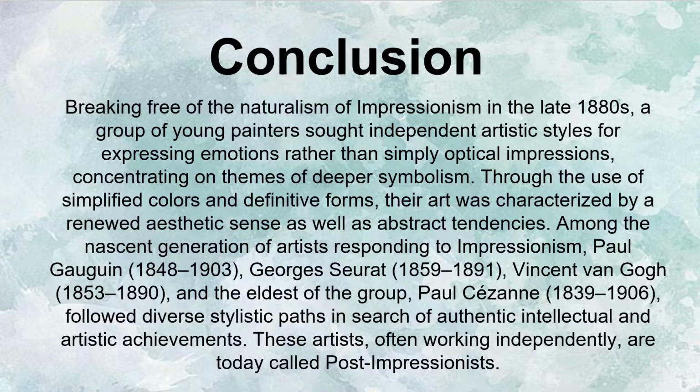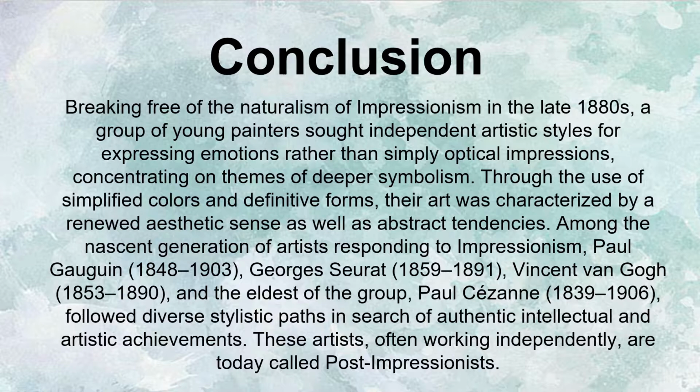So now we reach the conclusion of our presentation. Breaking free of the naturalism of Impressionism in the late 1880s, a group of young painters sought independent artistic styles for expressing emotions rather than simply optical impressions, concentrating on themes of deeper symbolism. Through the use of simplified colors and definitive forms, their art was characterized by a renewed aesthetic sense as well as abstract tendencies.